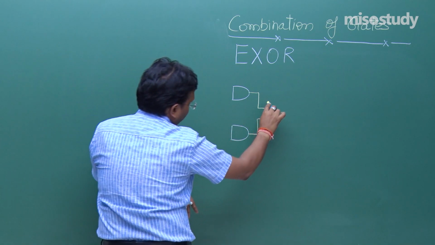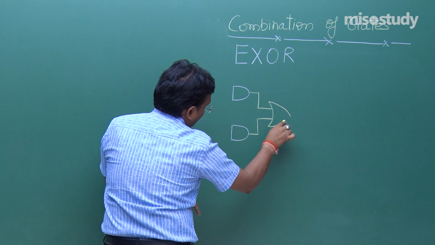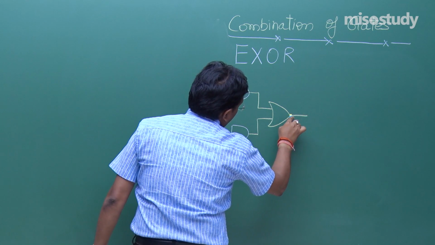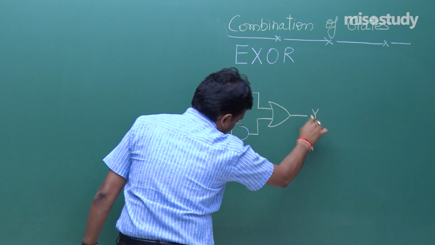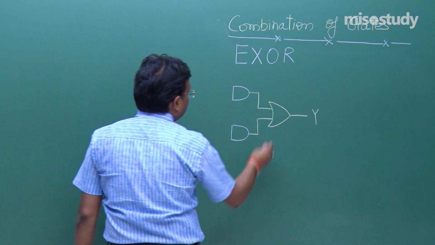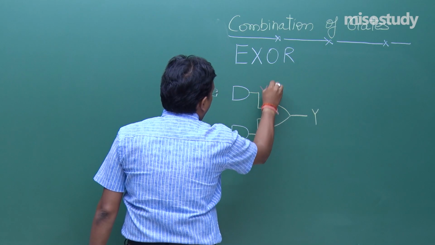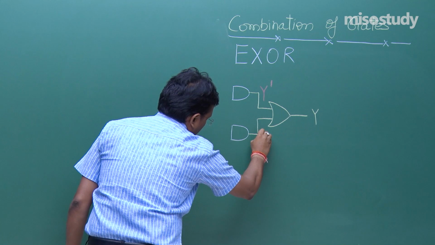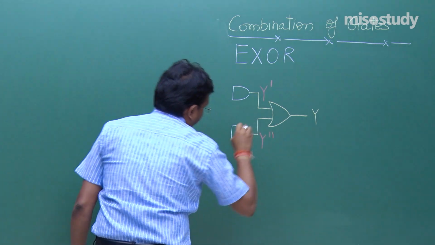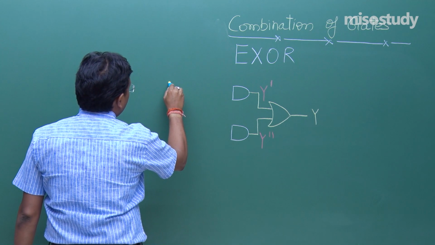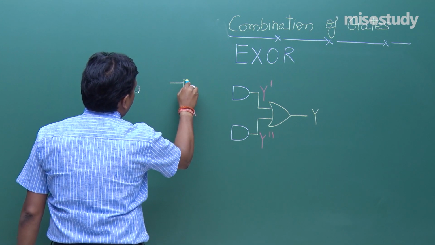Fine, symbolic representation, OR gate. So the output is going to be like this. Fine. And I should use a red color chalk to show you this is Y prime and this is Y double prime. Now, the back of this is an AND gate.